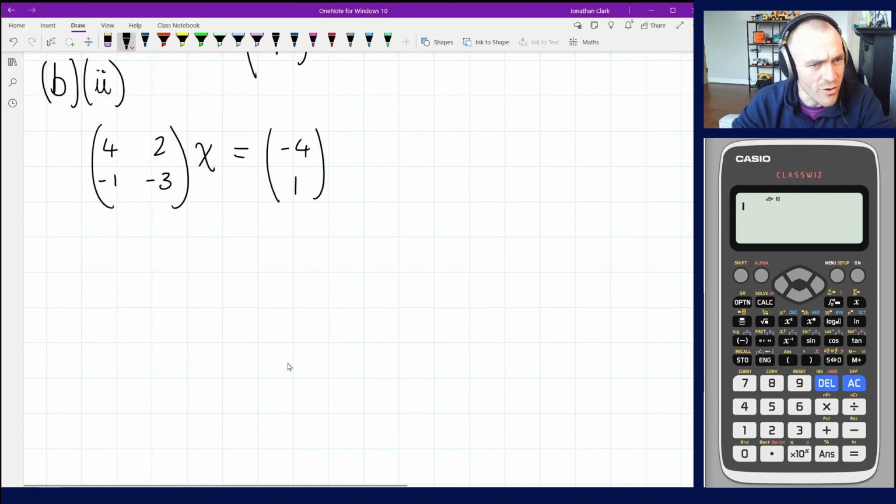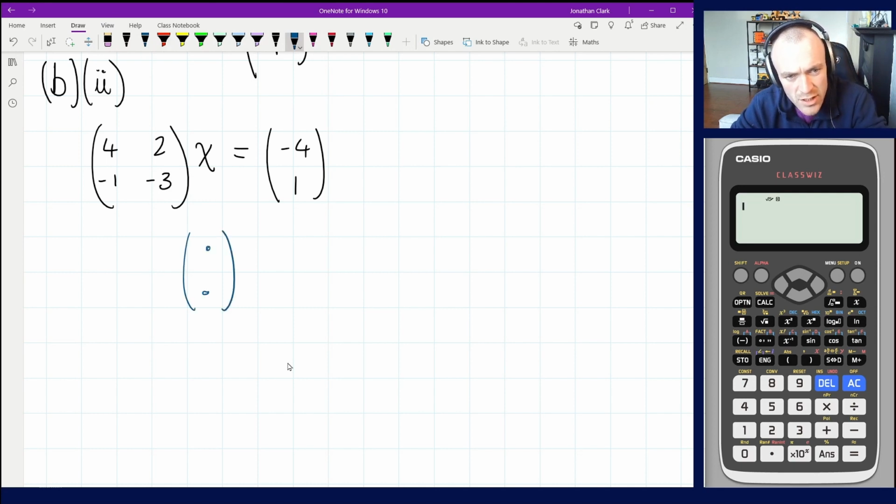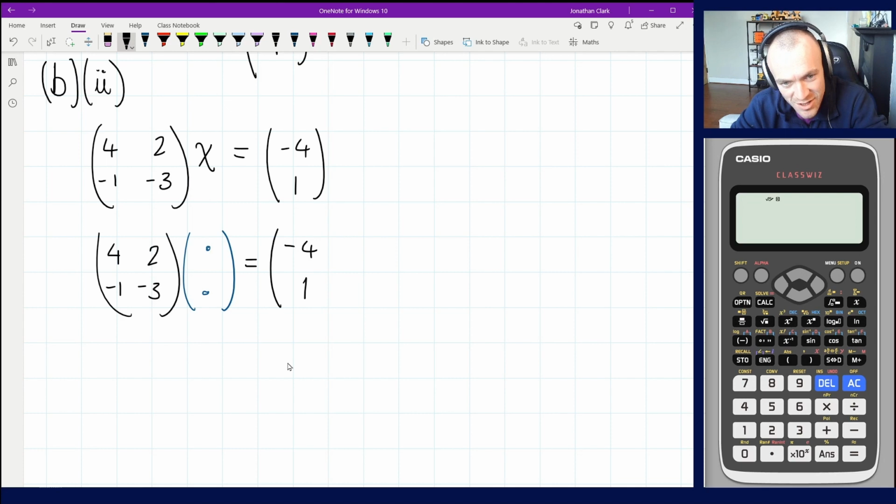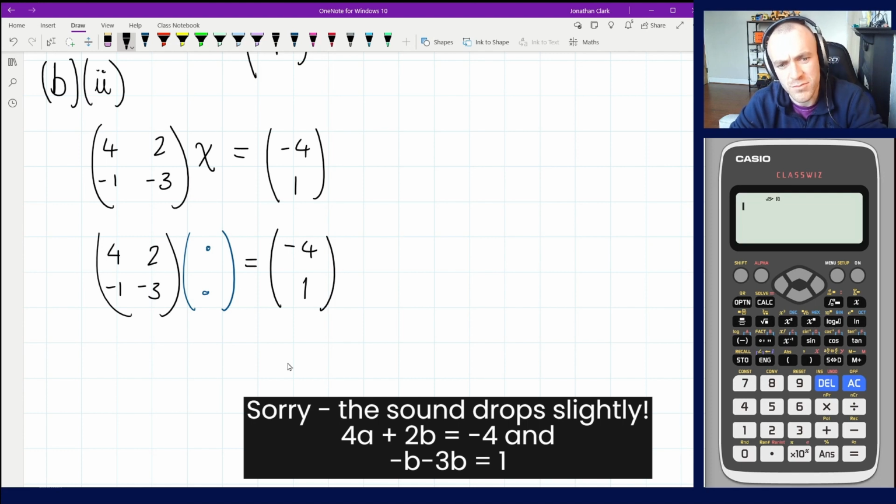So you might already be happy that the matrix X would need to be a 2x1 matrix. It needs to be that size in order to produce a vector like this. There's a few ways of doing this. You could set it up with simultaneous equations if you like.